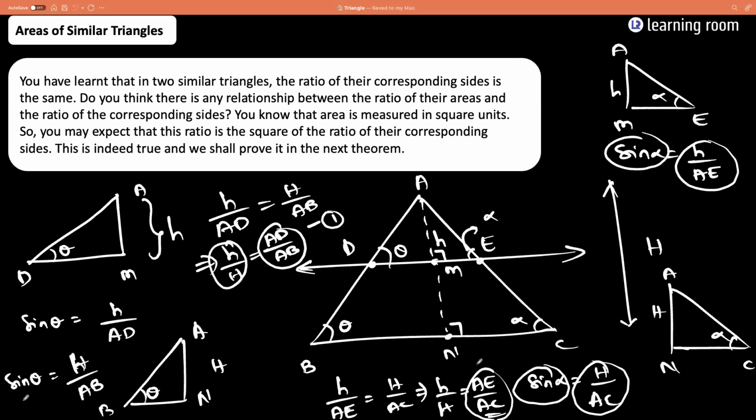The converse of it: if the corresponding sides of two triangles are proportional, their corresponding angles are equal. And the last one is, if one angle of a triangle is equal to one angle of another triangle, and the sides including the angle are proportional, then the triangles are also similar.